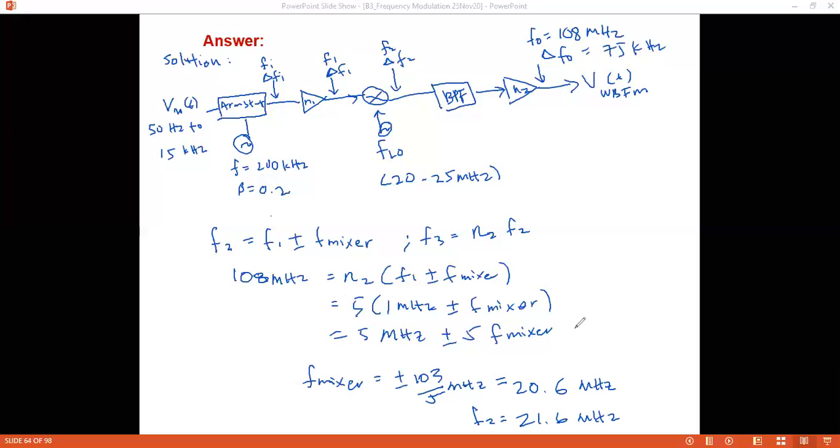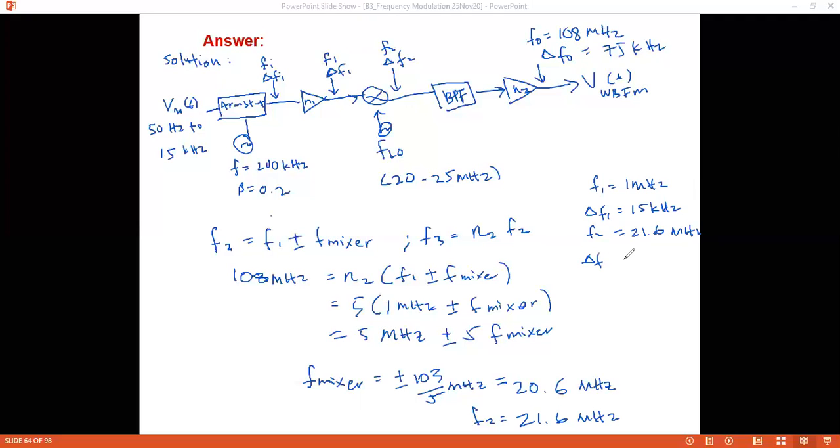So here, we got all our values that we need. Just to list all of them: F1 is 1 megahertz. Delta F1 is 15 kilohertz. This one you have shown. And then F2 is 21.6 megahertz.